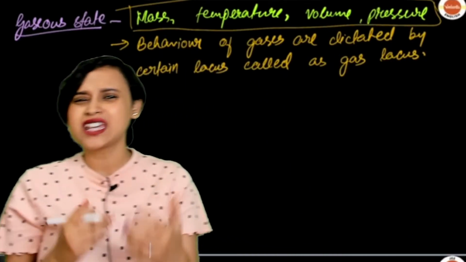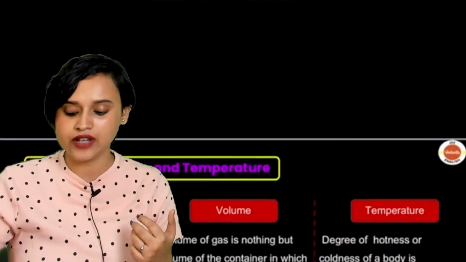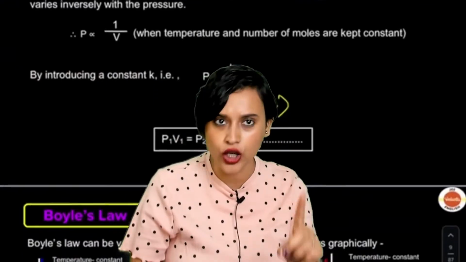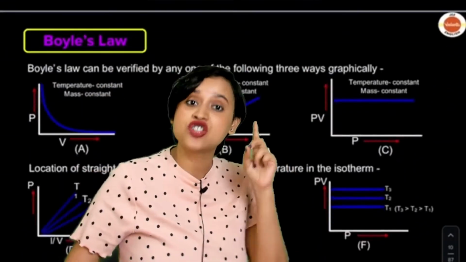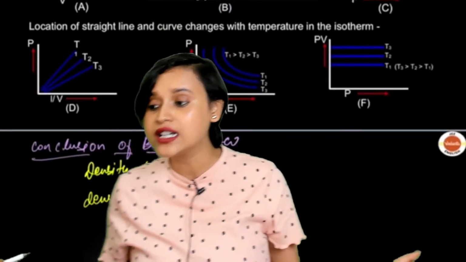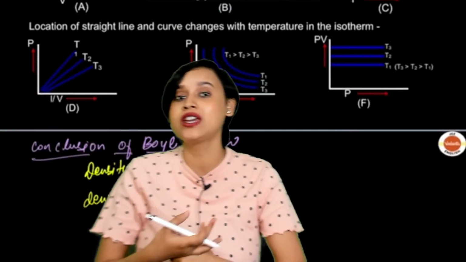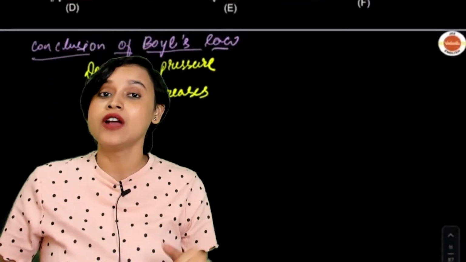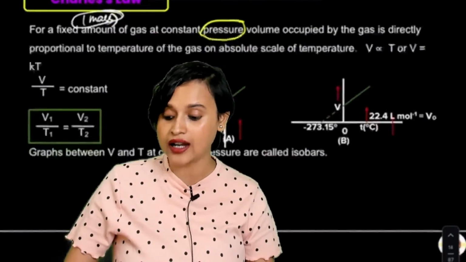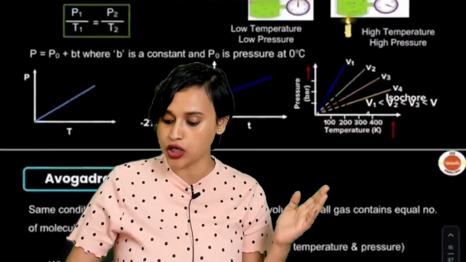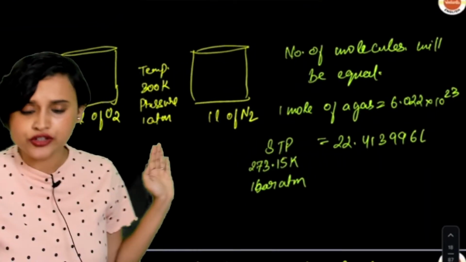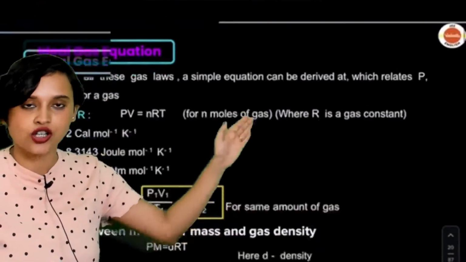As we kept varying these, we came up with Boyle's law, Charles' law, Gay-Lussac's law, and Avogadro's law. Combining all of these, we came up with PV equals nRT. This is just a quick recap, and I taught you all of these.